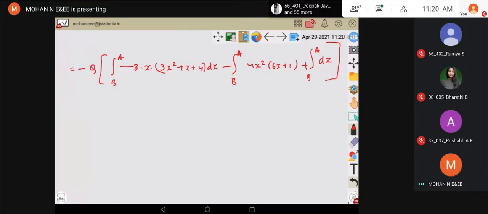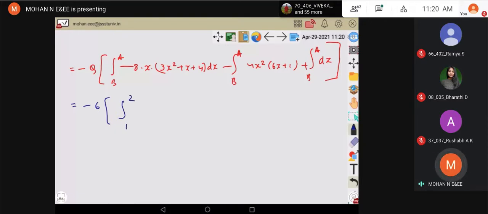Let me substitute the limits. The Q value is given to you, that is 6. Since I have integration with respect to dx, I have to substitute the x limits, from B to A, that is 1 to 2.